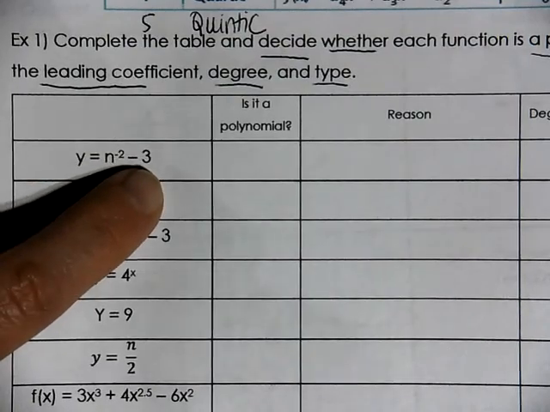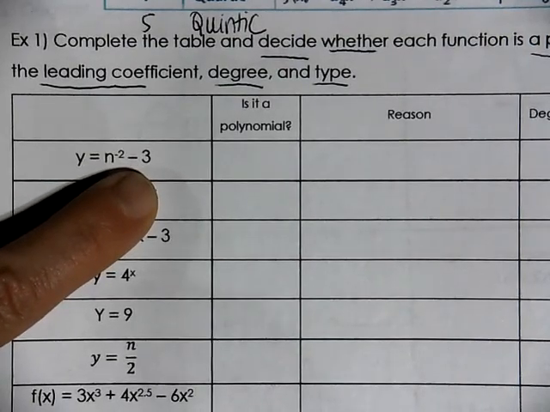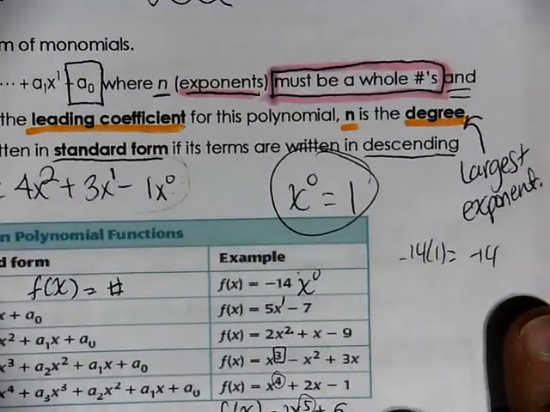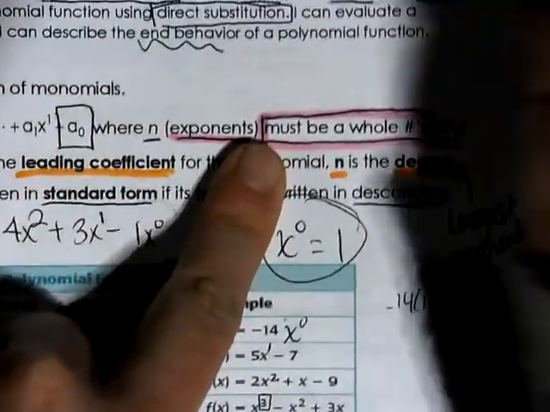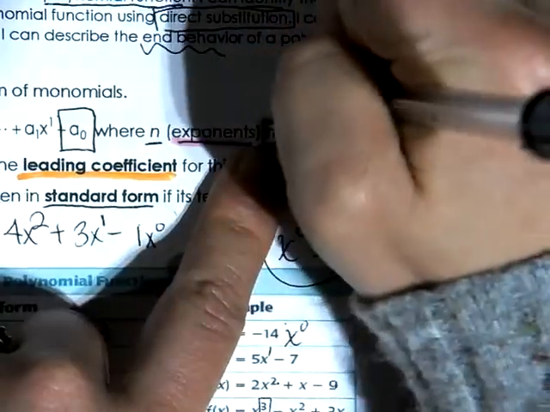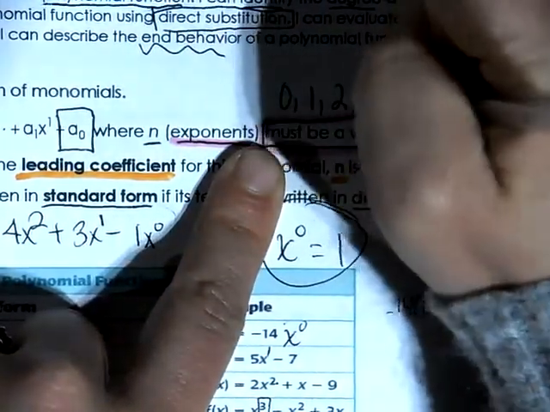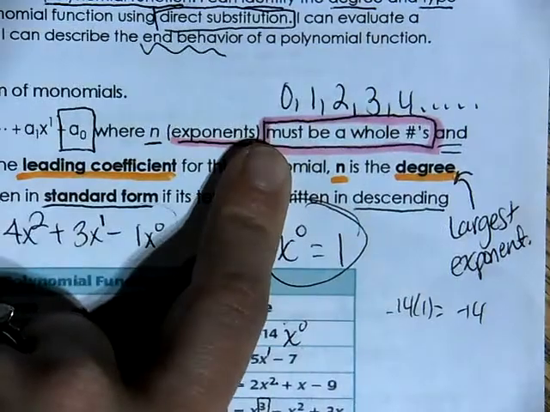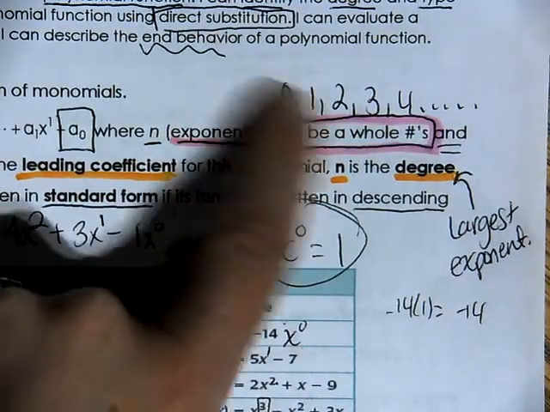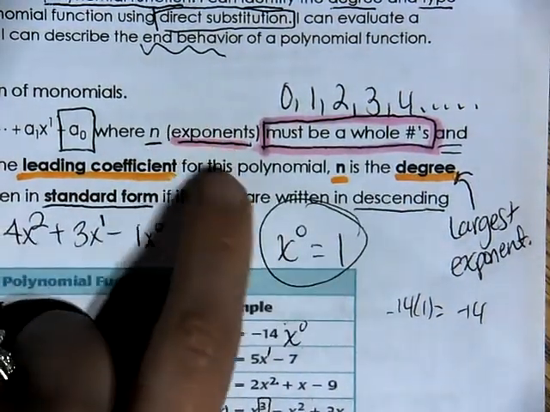So looking at our first example, we have y is equal to n to the negative 2nd power minus 3. Is this a polynomial function? Well, let's go ahead and look up here. Our exponents must be whole numbers. Now, whole numbers are 0, 1, 2, 3, 4, etc. They're not allowed to be negative.